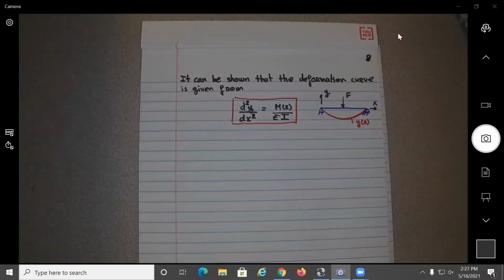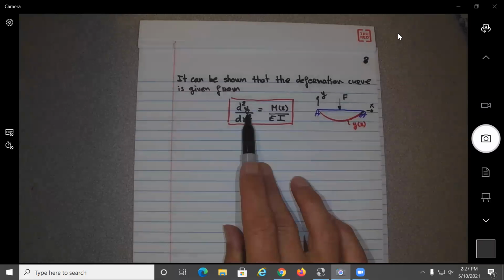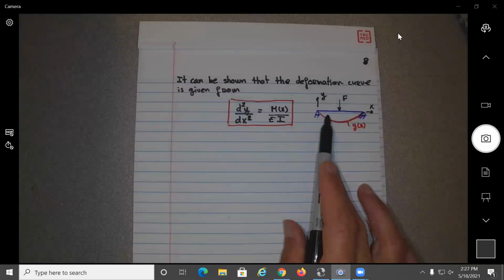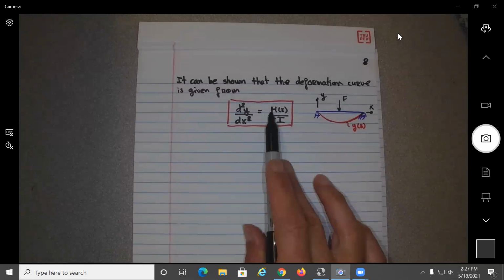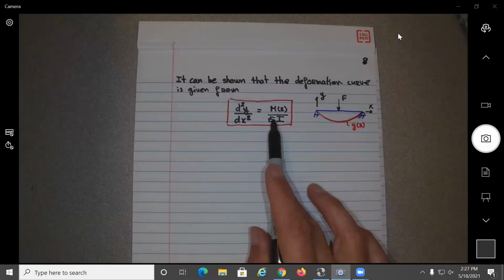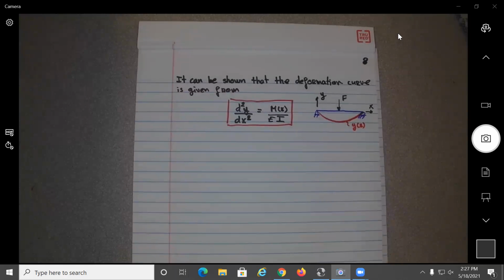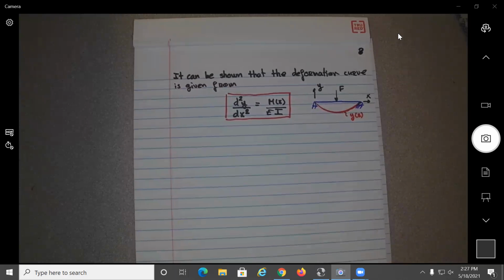So that means if you want to find the deformation curve of this one, we need to integrate this equation twice. And the M here might be different if you have multiple cuts. Okay, so probably we won't finish it today, but let's try to set it up.